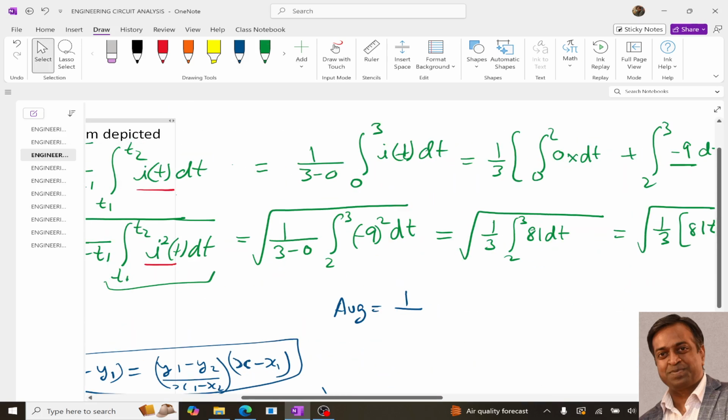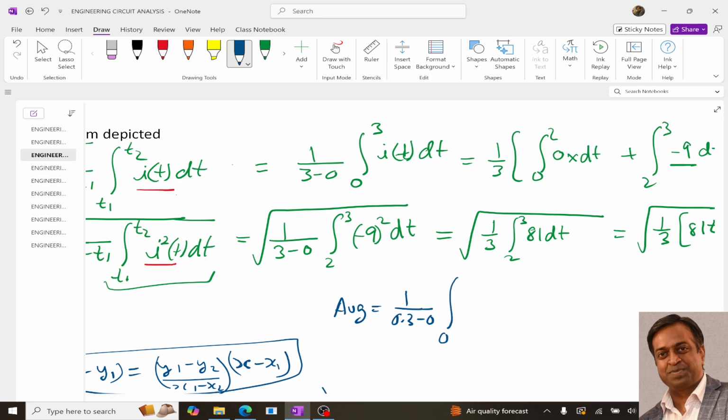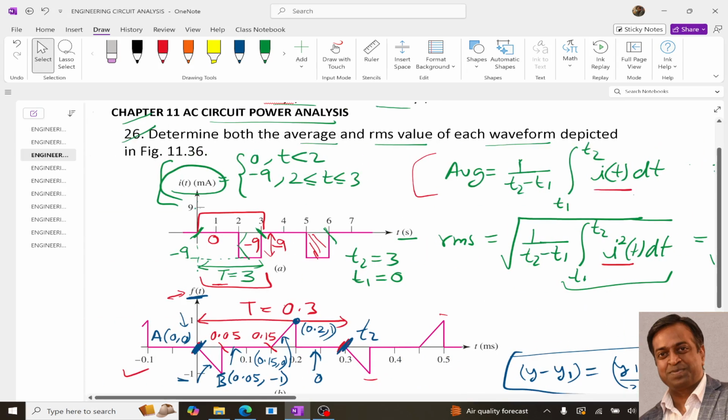So 0.3 minus 0, integration from 0 to 0.3, and it dt, not it but it is ft, right? Because in this it is ft.